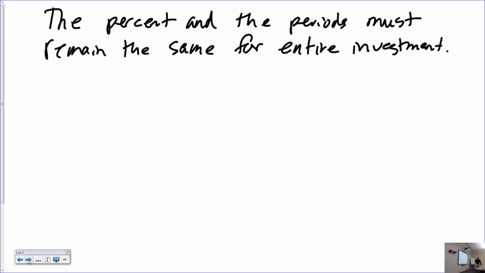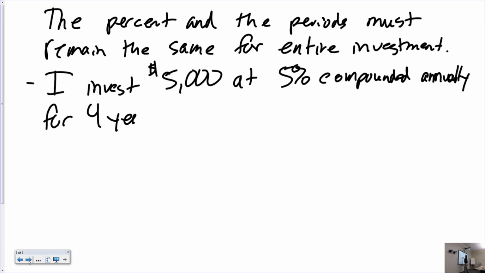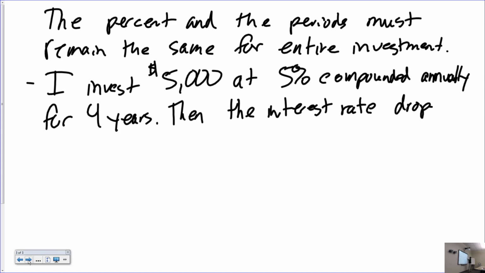So in other words, let's suppose that I invest $5,000 at, keep it simple, let's say 5% compounded annually, for 4 years. Then the interest rate drops to 4% for the next 4 years.